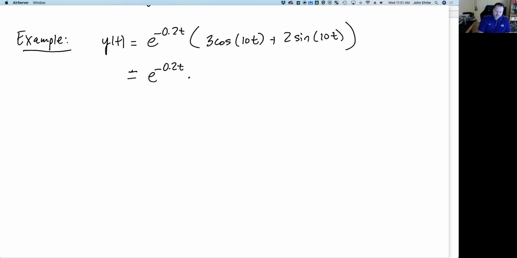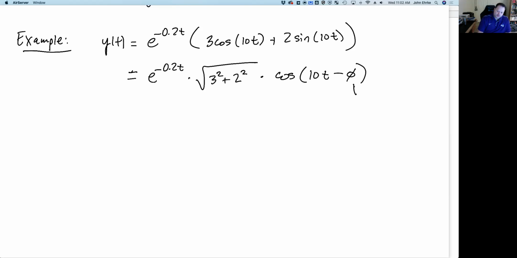I'm going to combine the amplitude of this wave. It's going to be the square root of 3 squared plus 2 squared times cosine of 10t minus phi. Now I'm not super interested in phi, but we can calculate that as well. That would be tangent inverse of 2 over 3.